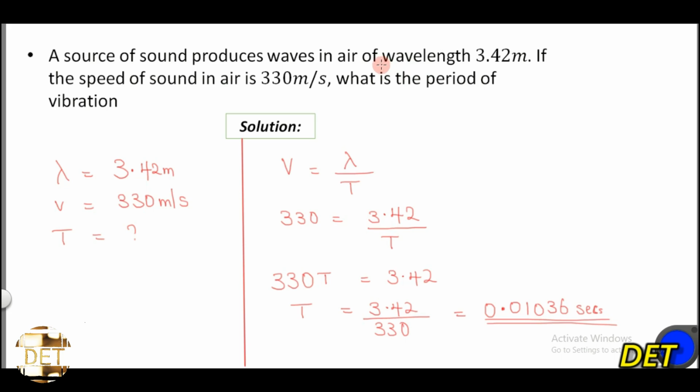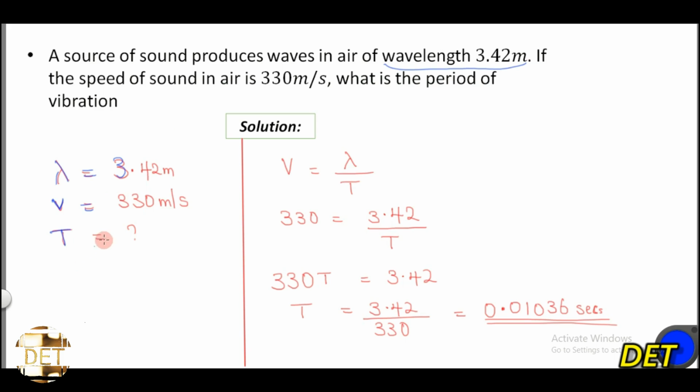The wavelength lambda is given as 3.42 meters. If the speed of sound in air is 330 meters per second, we are given that the velocity is equal to 330 meters per second. What is the period of vibration?